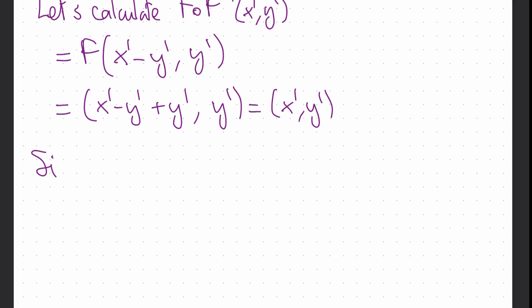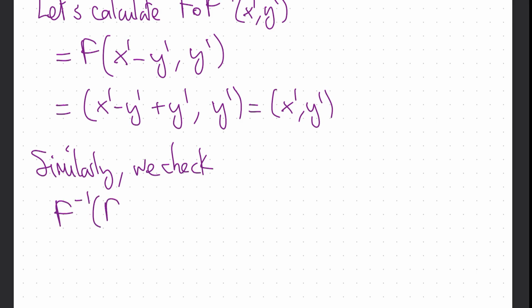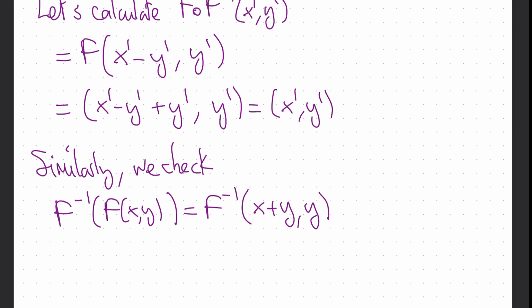Similarly, you know what, I think I lied. Let's go ahead and just do it. And remember, f inverse takes its x coordinate and subtracts the y coordinate. So that gives me x plus y minus y, and then the y coordinate doesn't change.